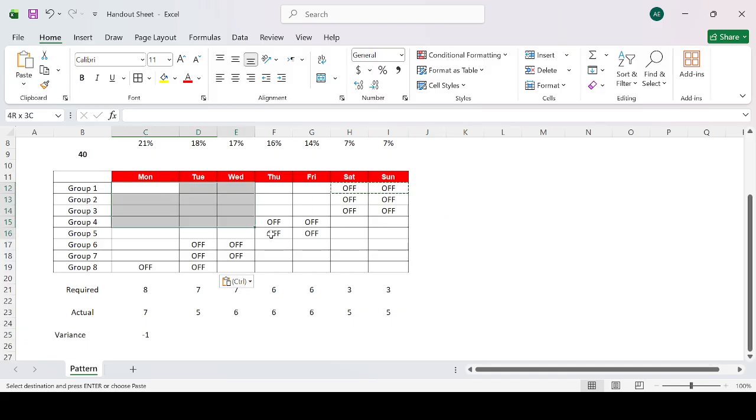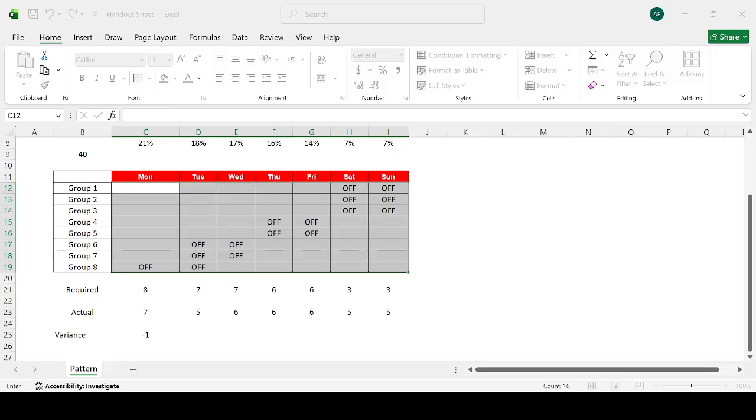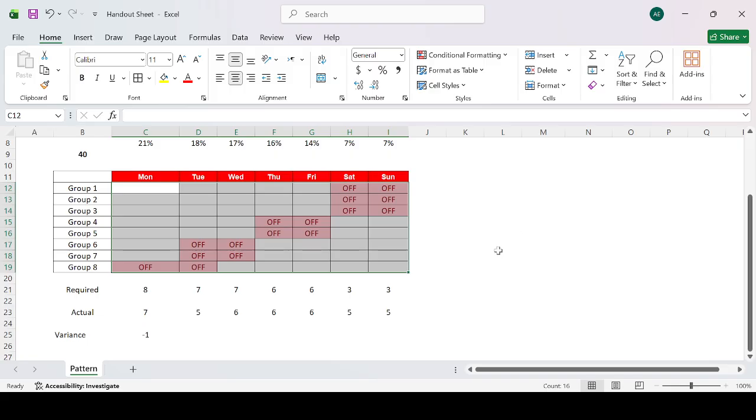And let's do a conditional formatting by highlighting the off word or the off days to be obvious for each one of us. Now we can see that we have the off days here and so on. So first of all, we need to make sure that each group is having only 2 days. No one, for example, is getting 3 days off in the same week. And now we can also use the same function, COUNTIF.